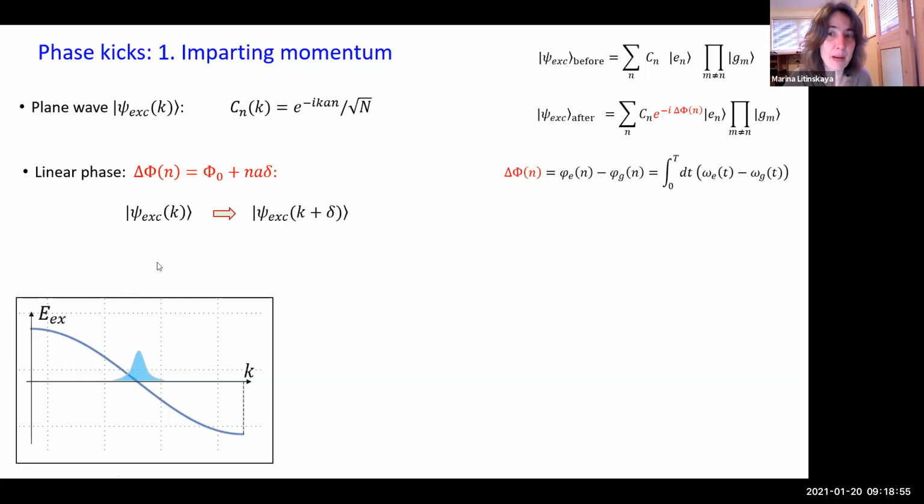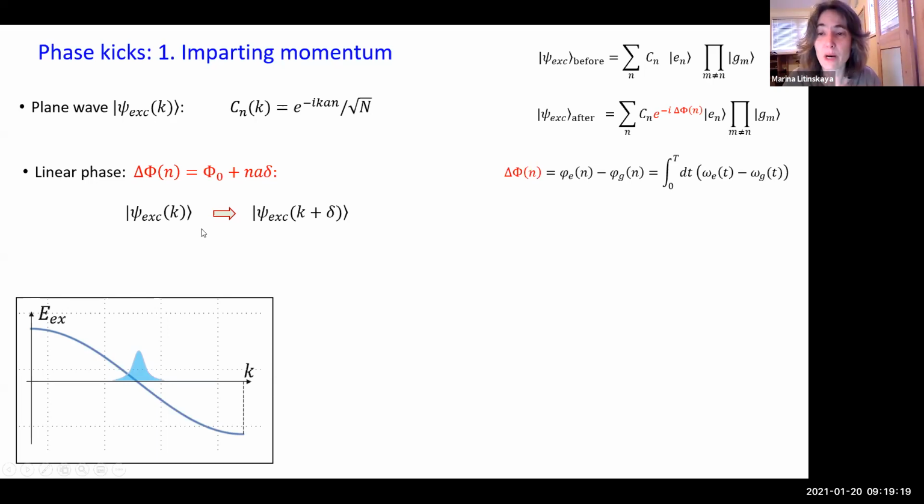So we can manipulate the momentum of the excitons. I will be talking on a very qualitative level, but in fact, in our publication, we came up with the specific parameters with a laser beam which can impart such a linear phase transformation. So here, just the idea.